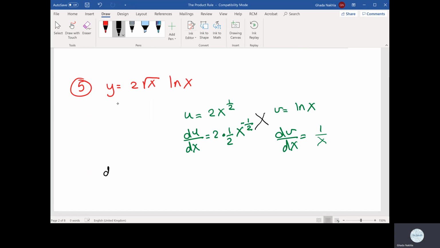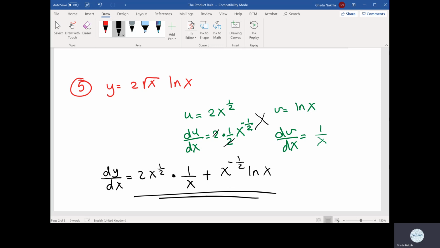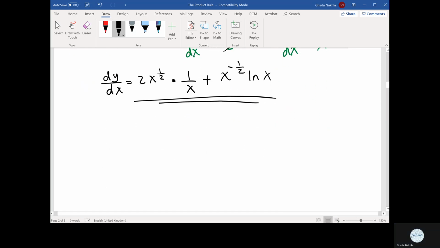So we find dy by dx, which is equal to, we can simplify those, of course. So we end up with 2x to the half multiplied by 1 over x plus x to the minus a half ln of x. And again, we can simplify it further, but let's focus on applying the product rule.